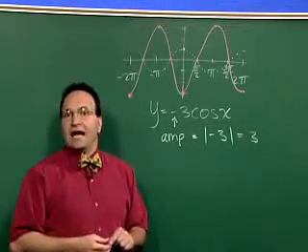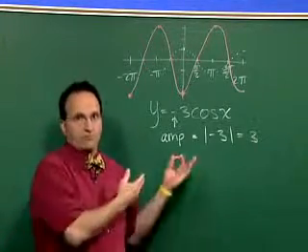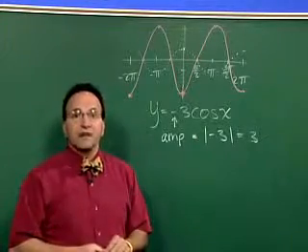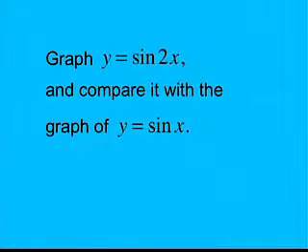Now that we have seen how the amplitude affects the sine graph or cosine graph, including reflecting the graph about the x-axis, let's look at another way to vary the graph of a sinusoid. Graph both functions, y equals 2 sine x and y equals sine x, and compare them with each other.